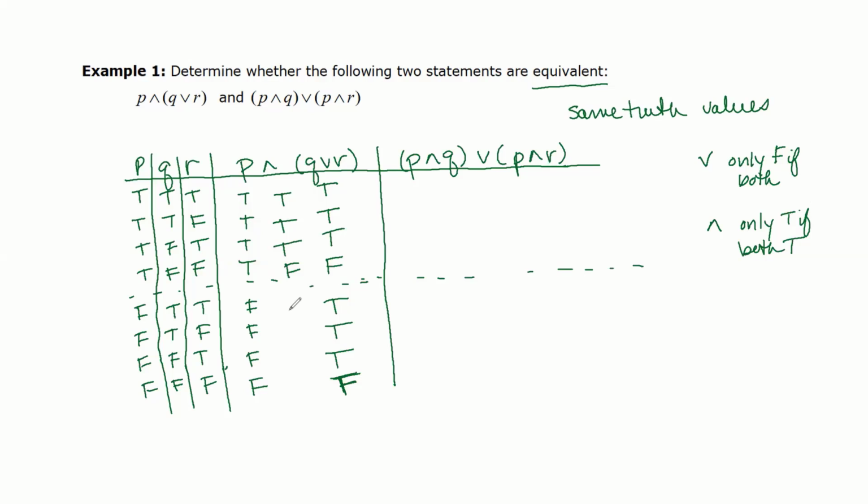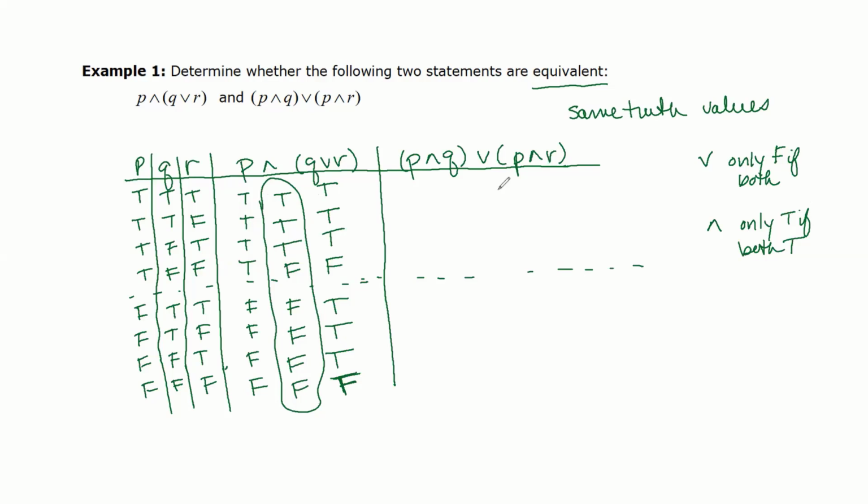And here we have a lot of falses. So false and true is false, false and true is false, false and true is false, false and false is false. So for the left-hand statement, we have true, true, true, false, and then the rest are false.